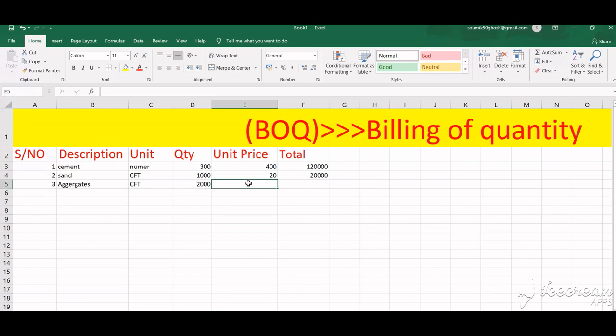Aggregate unit price is 18 per unit. And the total amount is equal to, select this one into select this one. Next, enter.